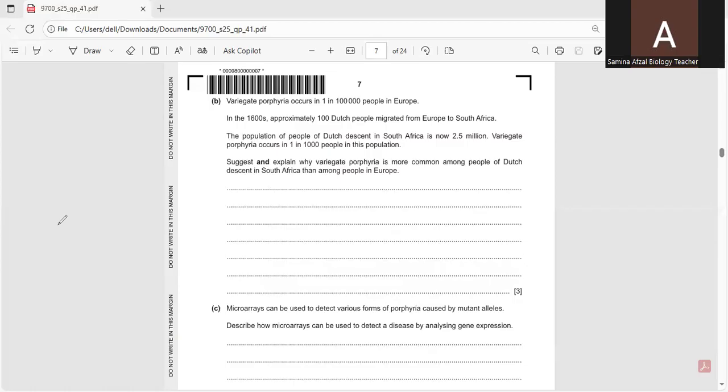The increased frequency of variegate porphyria, if we compare South Africa with Europe, is a classic example of the founder effect. The founder effect is a type of genetic drift that occurs when a small group of individuals break away from a larger population to establish a new one.